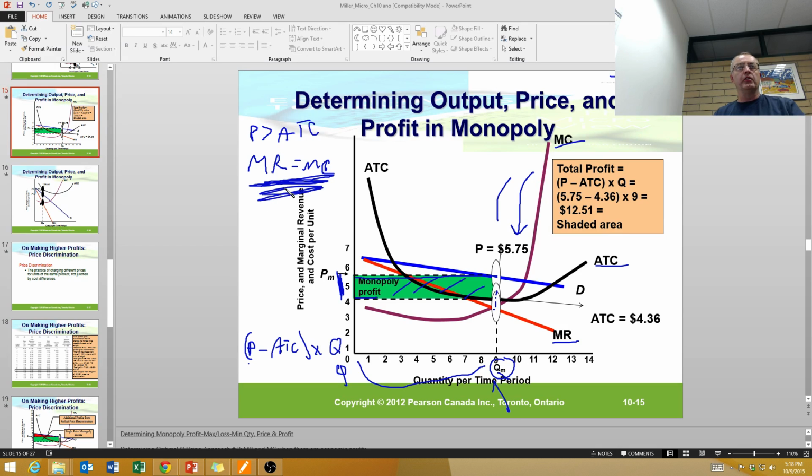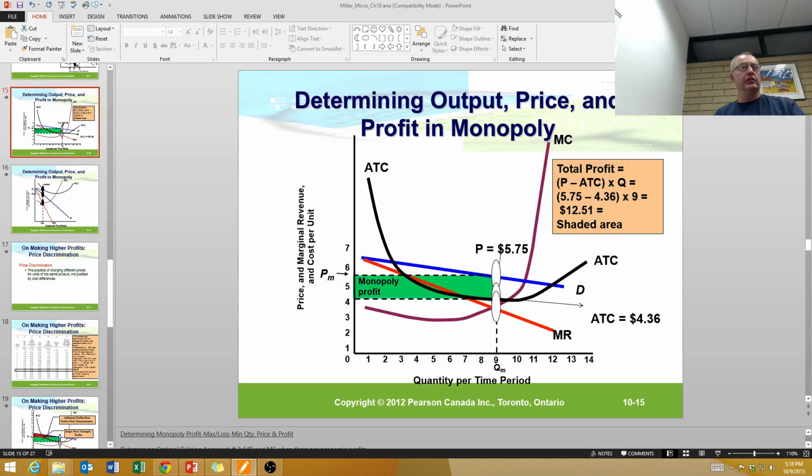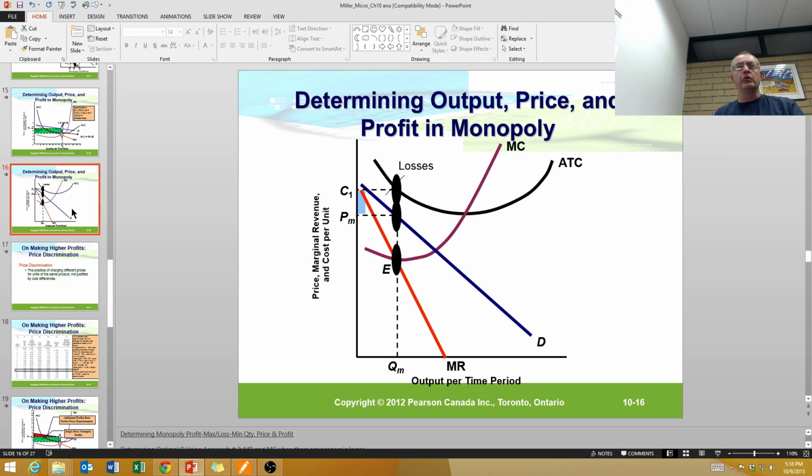So this principle also applies if the industry experiences economic losses. So it is possible for monopolists to experience economic losses. Remember our optimal level of output is at the point where marginal revenue equals marginal cost.